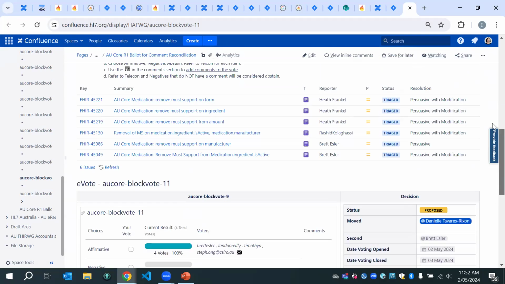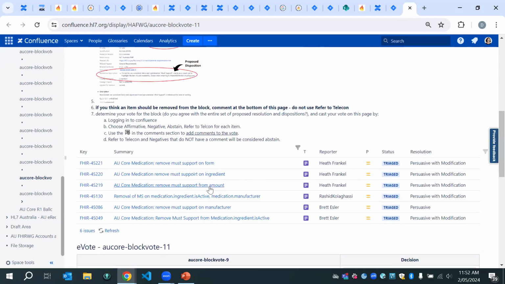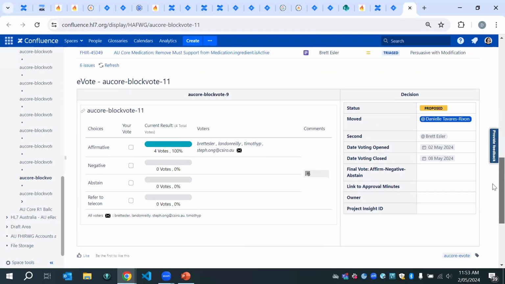So if you think the item actually needs to come back to the technical design group, there are some things that need to be discussed that are in addition to what is actually in the item description and the proposed resolution. You think there's an additional perspective or reasons that haven't been taken into account, and you want to do what we call refer to telecon.